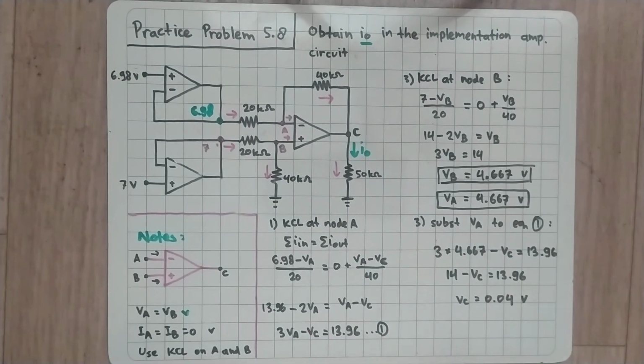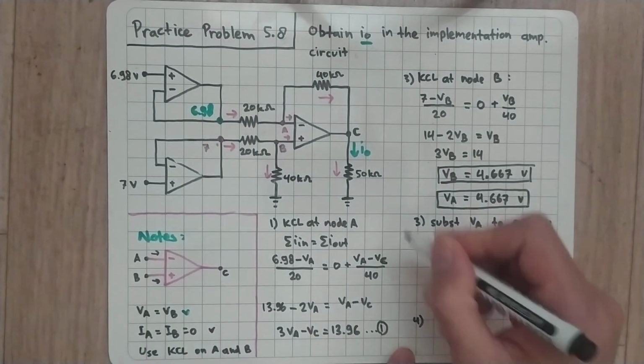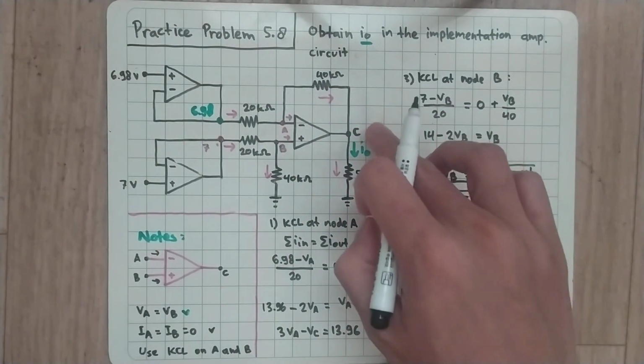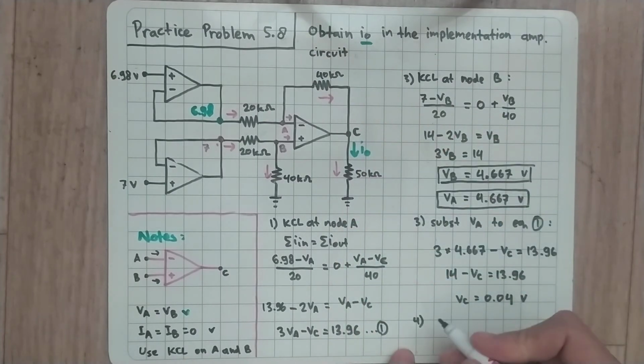And by using Ohm's law we can get, or you can use KCL at node C, but we can do this easily by using Ohm's law.